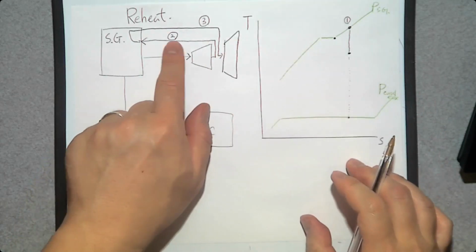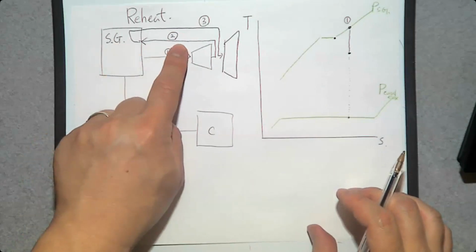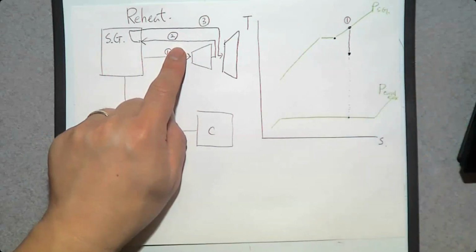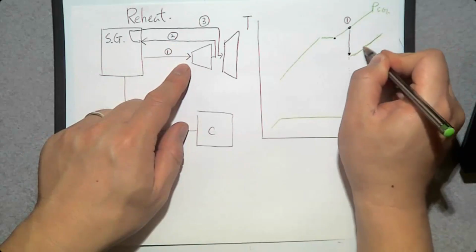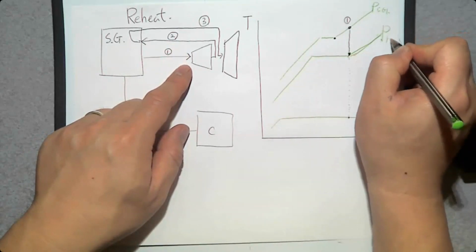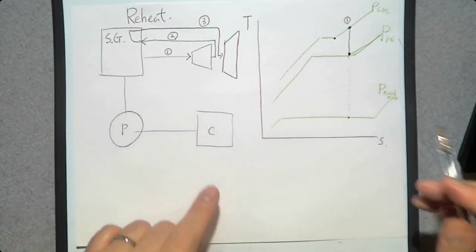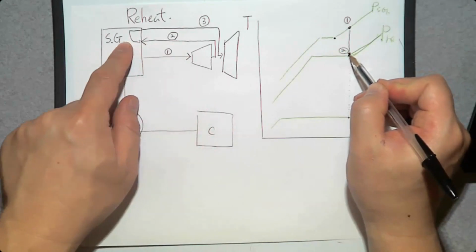But this steam generator runs at constant pressure, and this number 2 is already at reduced pressure. So there's another pressure, which is called P of reheat, during the reheat process. And once it returns back to the steam generator, it's going to receive heat.